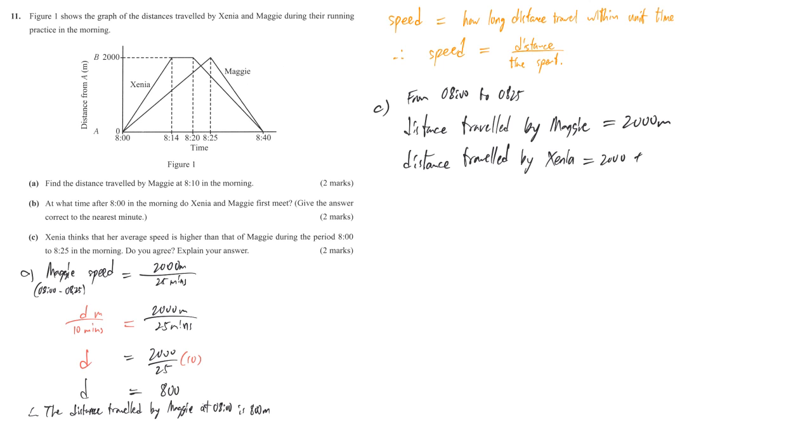The speed is 2000 meters per 20 minutes, and then after 8:20 she travels an extra 5 minutes. So in that period she traveled 500 meters, which makes 2500 meters, larger than 2000 meters. So you can draw the conclusion: agree with the statement.